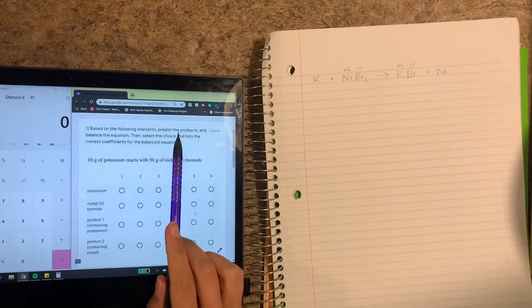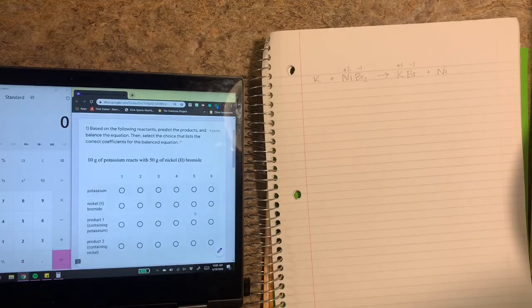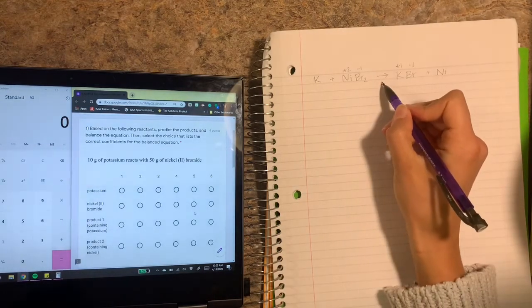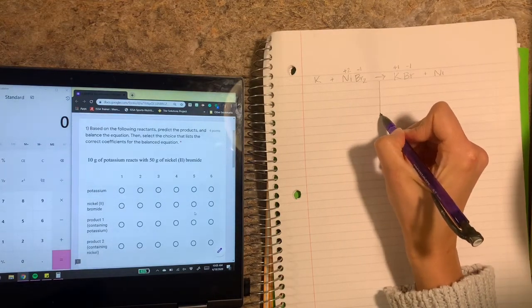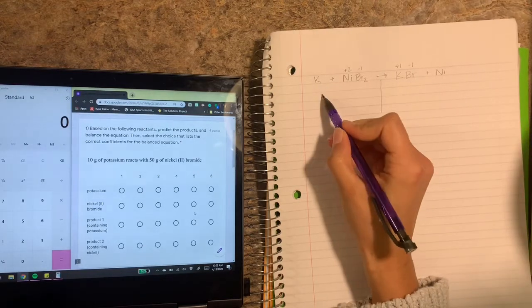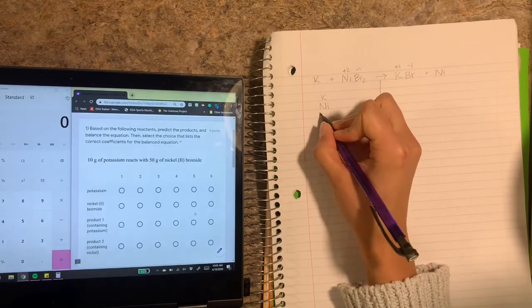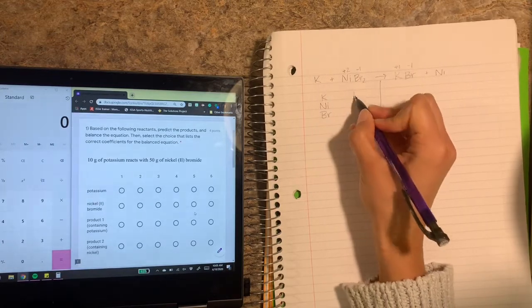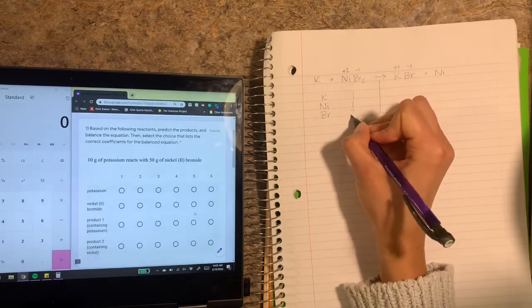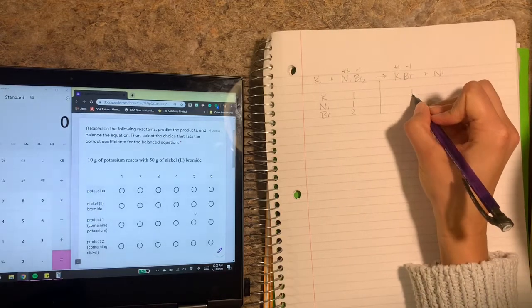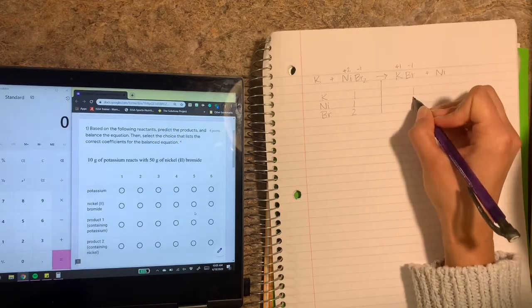So that is our equation. We wrote the reactants, predicted the products, and now we need to balance it. Balancing this one is a little bit easy. I'm going to go through it the long way, so if you need to skip over this, you can. So we have potassium, we have nickel, and we have bromine. 1 potassium, 1 nickel, 2 bromine, 1 potassium, 1 bromine, 1 nickel.